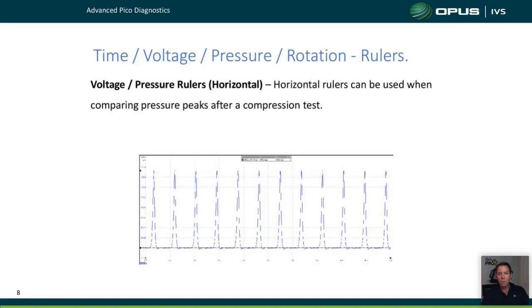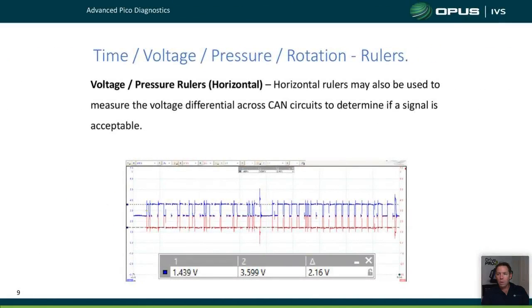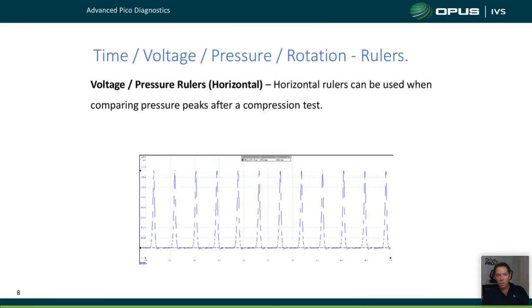So what we're going to do, oops, let me go back. I want to screen share automotive, pressure transducers, pressure transducer. Let me have a quick look here. In cylinder compression cranking.